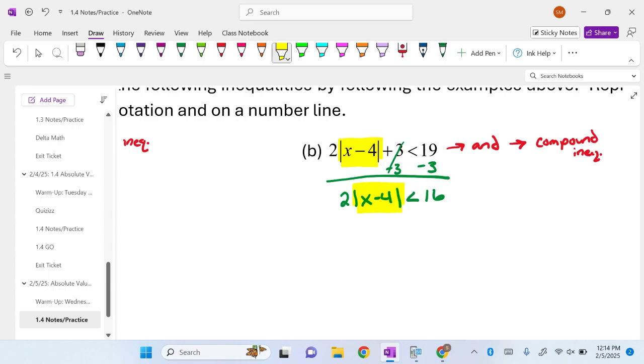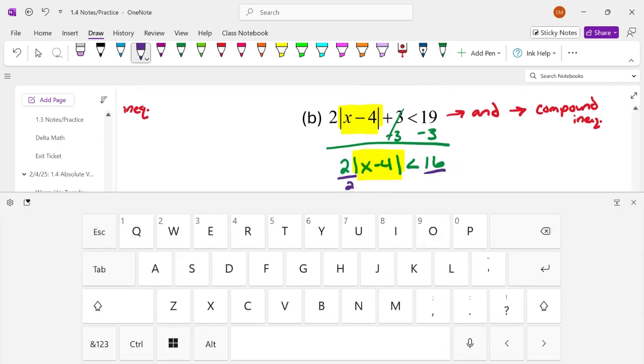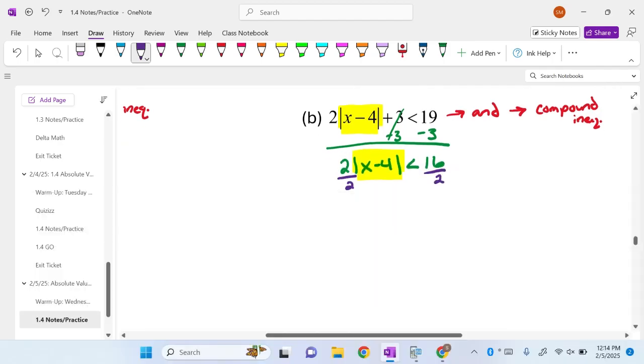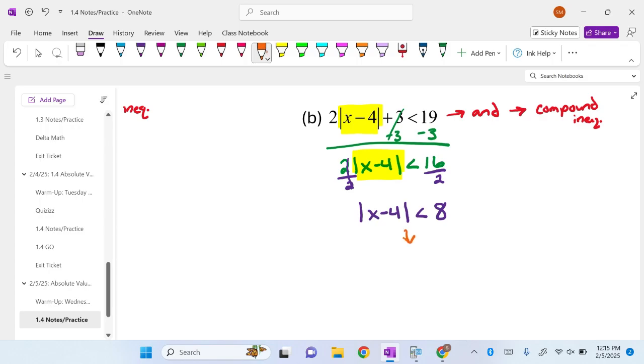So how do I get rid of the 2? Divide by 2 on both sides, because that 2 is being multiplied to the absolute value symbol. So this goes away. I get the absolute value of x minus 4 is less than 8. Now my absolute value sign is isolated, so I can separate it into my compound inequality.